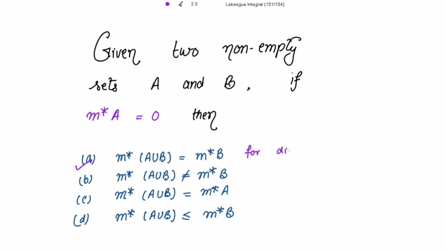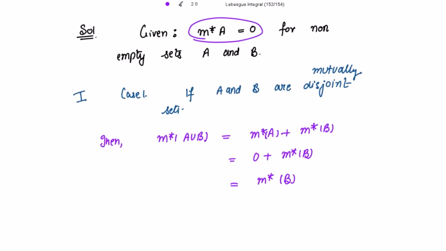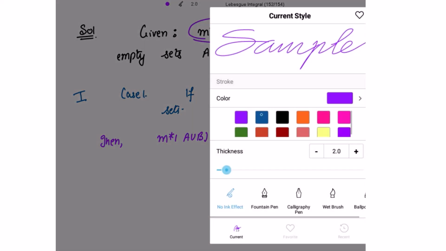For disjoint sets. Now let's check the other case, for the non-disjoint sets.